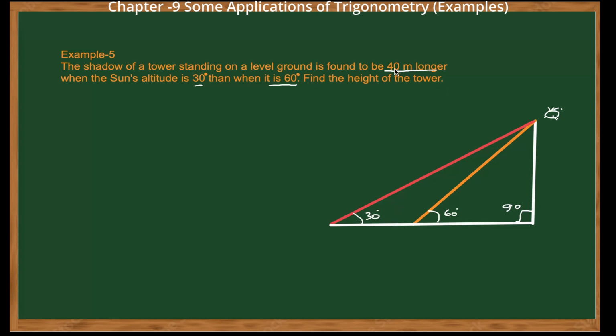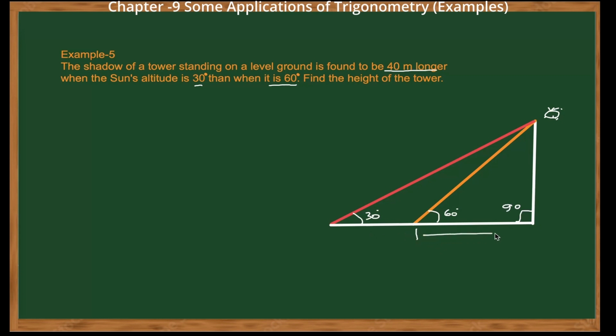Okay, so it says that the shadow is found to be 40-meter longer when the sun's altitude is 30 degree than when it is 60 degrees. So earlier it was 40-meter.